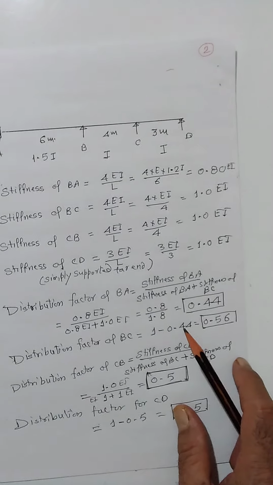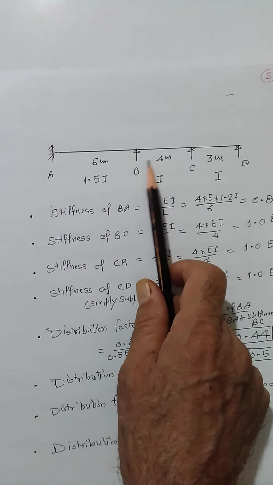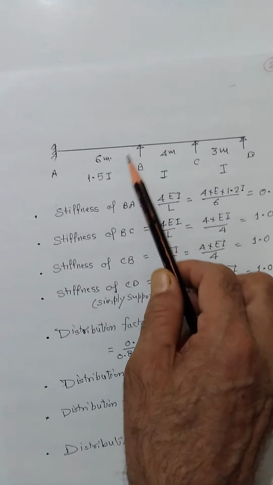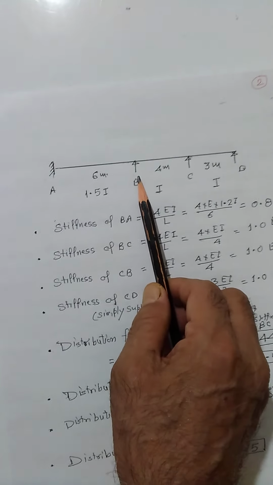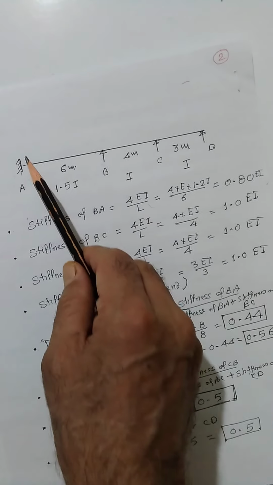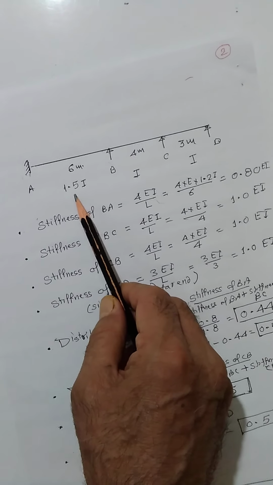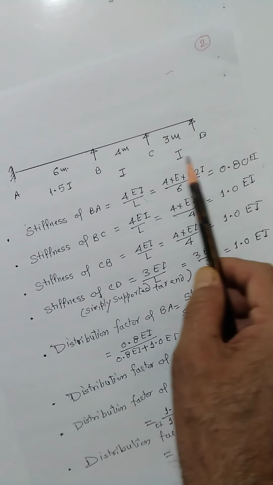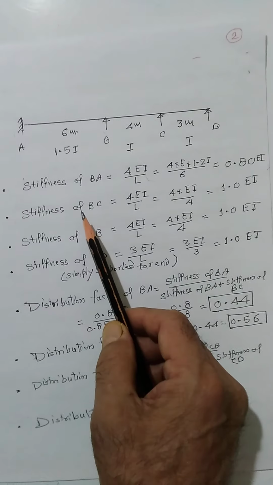Now what we have to do is first calculate the stiffness of the intermediate supports. From here we look towards A. If it is fixed, then the stiffness of BA is 4EI by L. If it were simply supported, then it would be 3EI by L. Here I have taken 1.5 I, and this is I. Because this span is more, I have taken the moment of inertia more, the section is more.